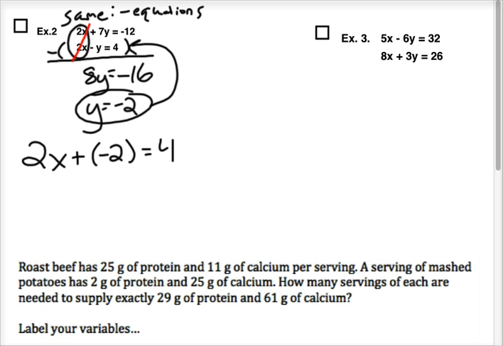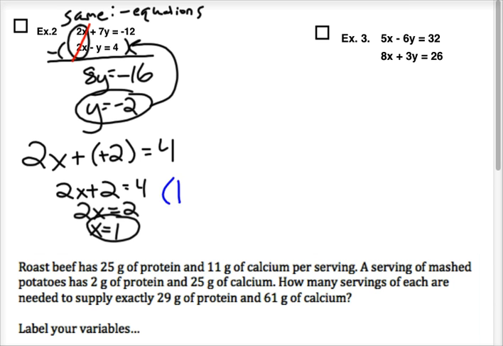Well, so minusing a negative, again, that's essentially 2x plus x, or 2x plus 2 equals 4. Subtract 2 from both sides, divide by 2, and I already have my x solved for. So that means my solution is going to look like that.